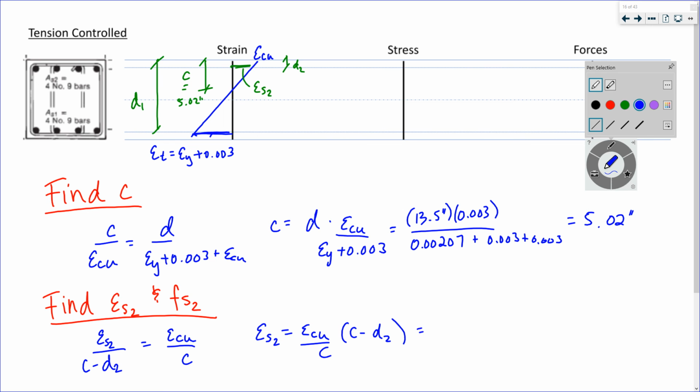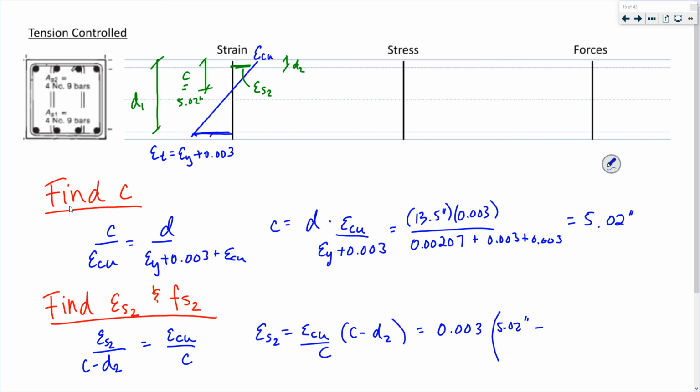So 0.003 times 5.02 inches minus 2.5 inches, divided by 5.02 inches.